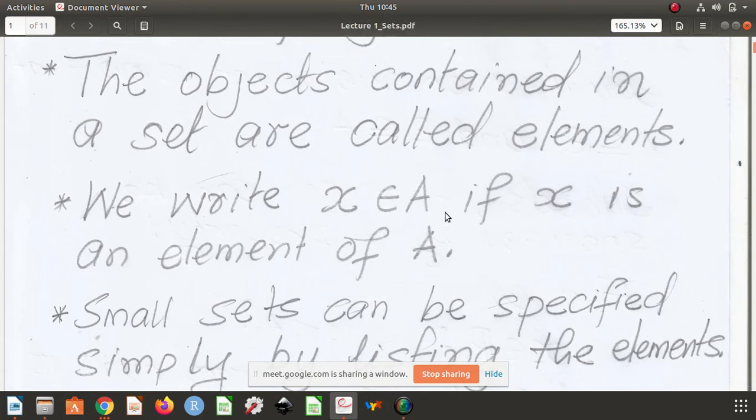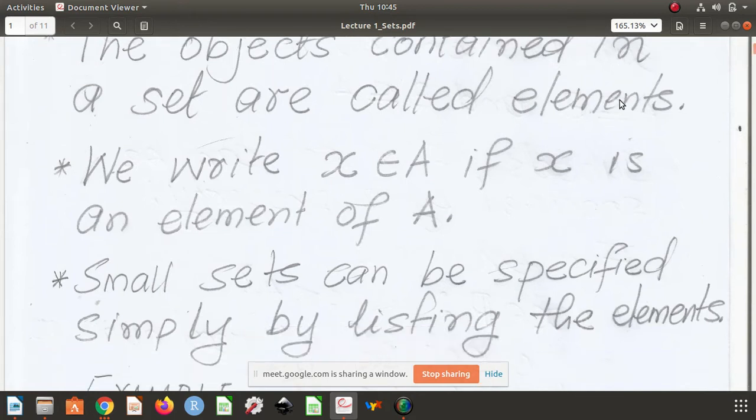And this is how I would write it. 3, I have this quantifier. So this symbol here means x is an element of the set A. So a lot of the times this shorthand will be used. So if you have any questions, you feel free to stop me and ask. You just put on your mic and ask the question.